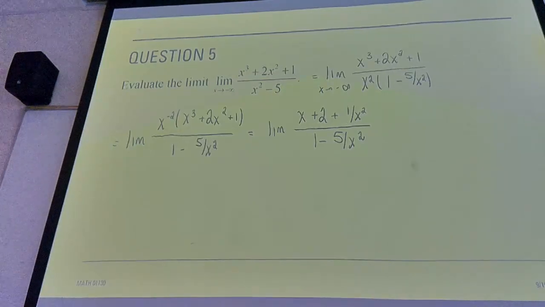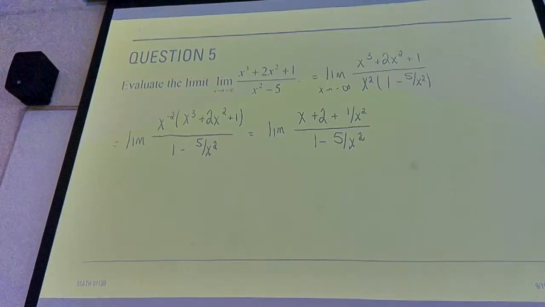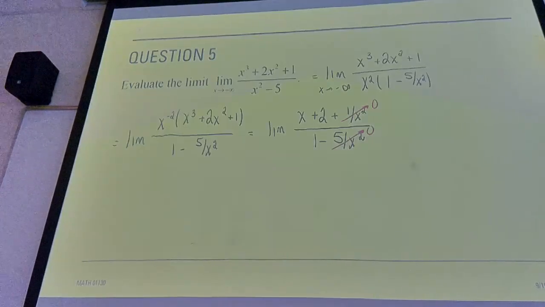So as x gets large in the negative direction, what's going to happen to 1 over x squared? It's going to approach 0, right? They will both approach 0. So 5 over x squared will also go to 0. What about 1? Well, that's just 1.